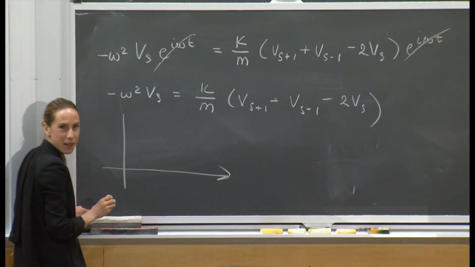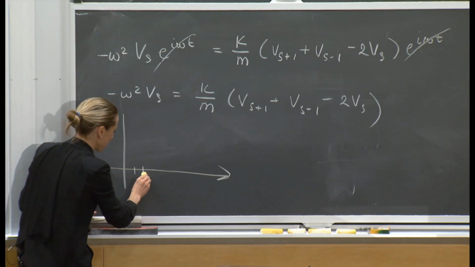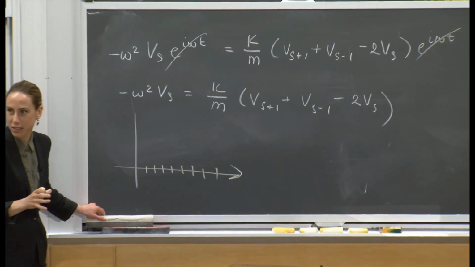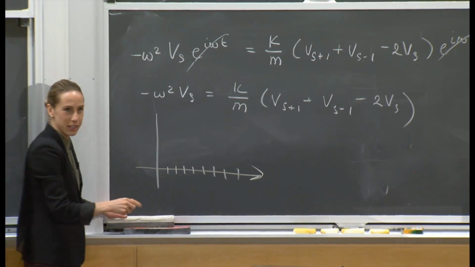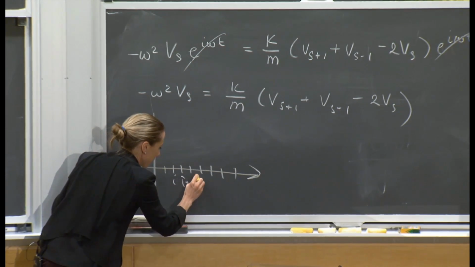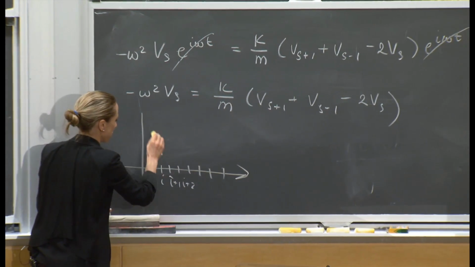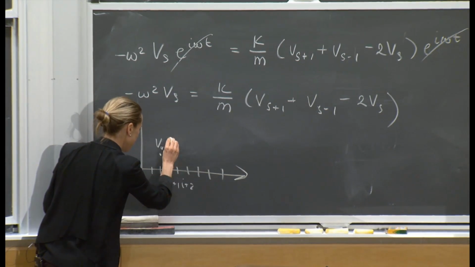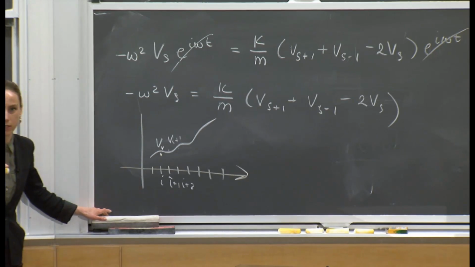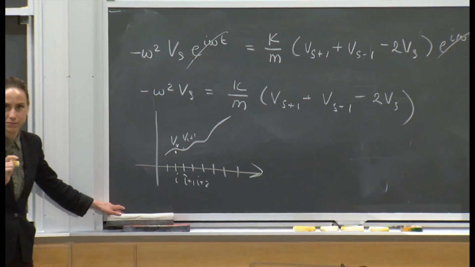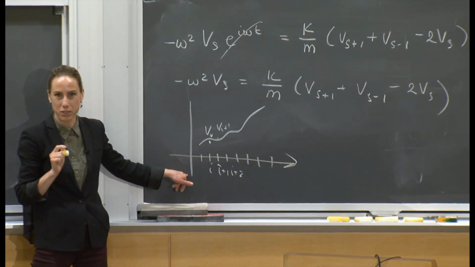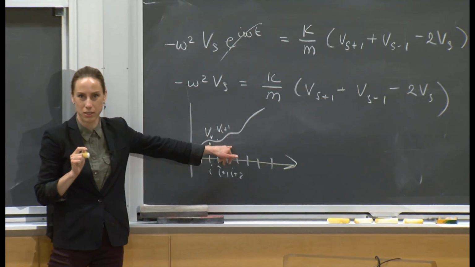This is my axis. Computers do not think in continuous things. Computers think in discrete. And this is my discrete axis of i plus 1, i plus 2. And this is going to be my v_i, and then v_(i+1), and so on. I can connect them all into a line forming a function. And now I ask a computer, who's given this information, to take a derivative of this v function.